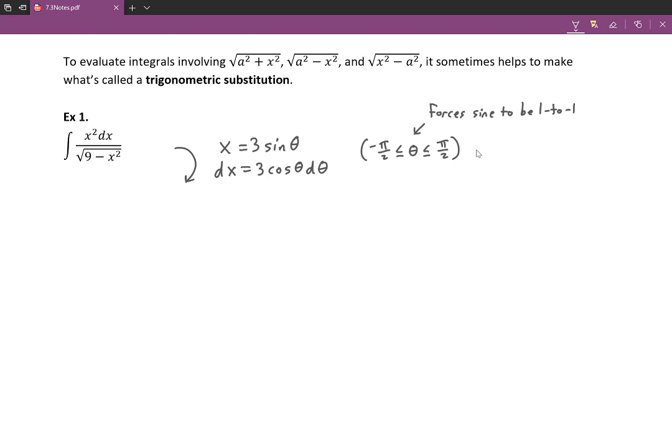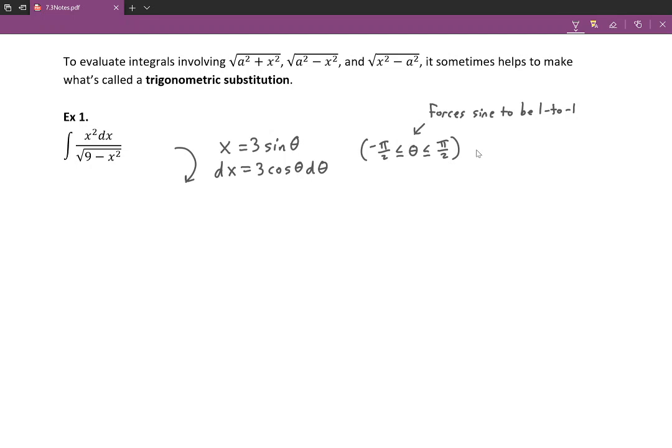There's my shorthand for 1 to 1. Which is going to help us down the road when it comes time to finding the inverse trig function, or getting it, I should say. It's also going to help us when we're evaluating the square root of cosine squared, which we're going to come to in just 1 second.